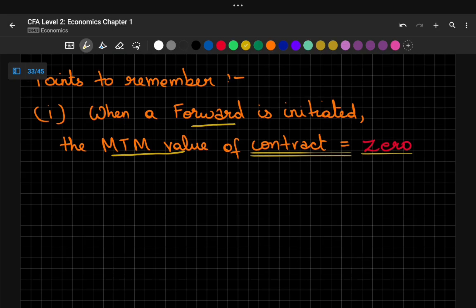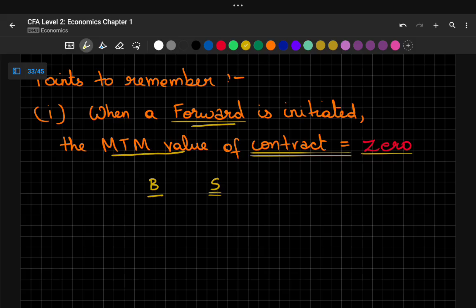Why is that? Because when a forward contract is created, both the buyer and the seller wish to make a profit. When the buyer is entering the contract, the buyer wants to profit from the contract. Similarly, when the seller is entering the contract, the seller also wants to profit from the contract. So at the start, when the contract is initiated, the MTM value of the contract is 0.